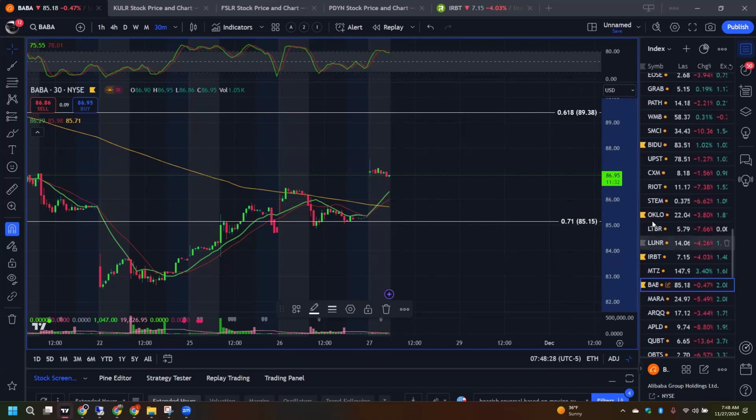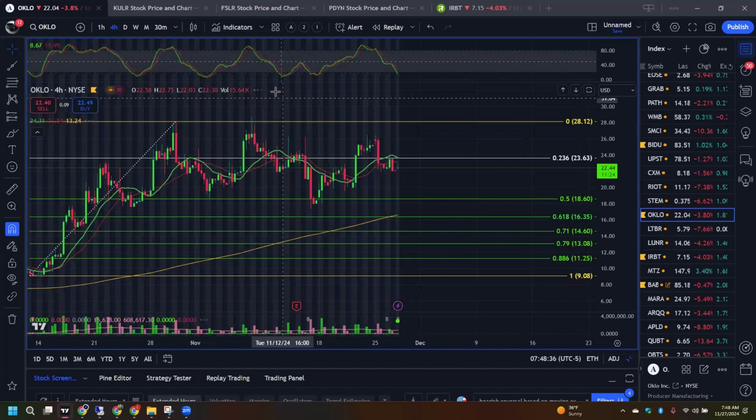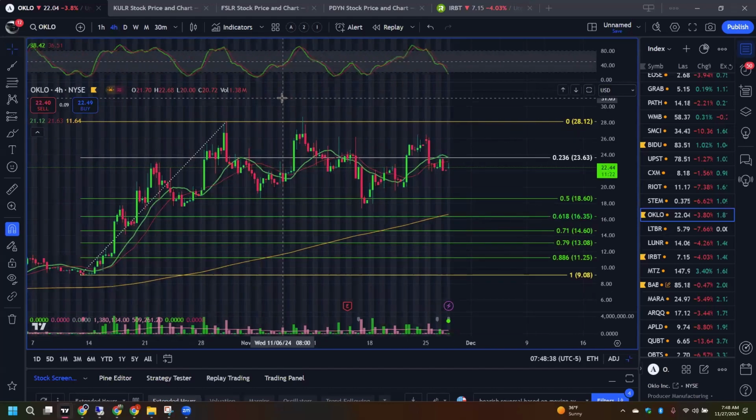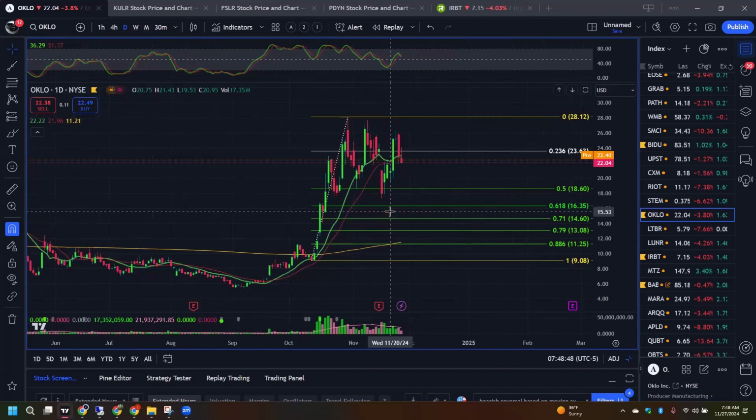So let me just peek at OKLO because there was a reason. We won't even do the whole top-down analysis. We'll start with the 4-hour, perhaps. You're not supposed to buy above the daily. So what I'm seeing here is a bearish trade, a potential put.